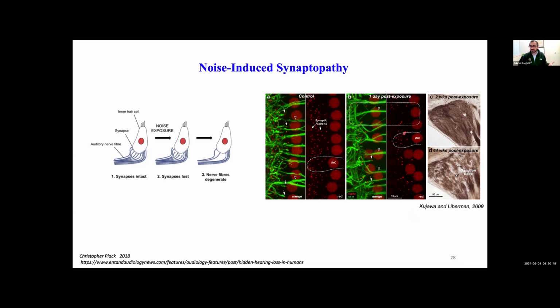But what they then showed is that this early loss, where the synapses retract and then eventually come back after some time, and some of them come back in the right spot, many of them don't, actually leads to exaggerated loss of spiral ganglion neurons and the cell bodies in those animals. So just one-time noise exposure can be significantly damaging in the long term.